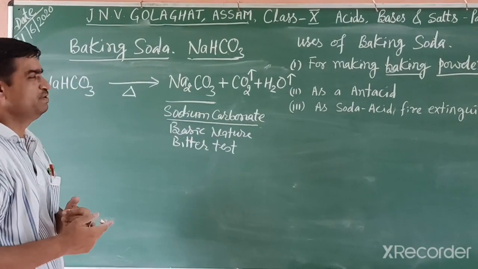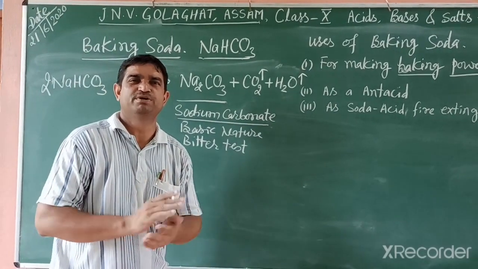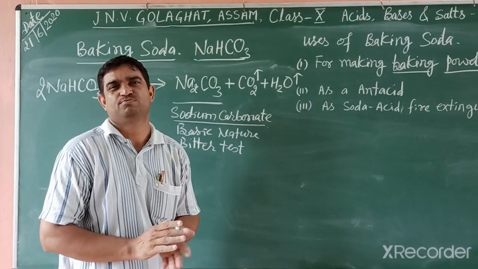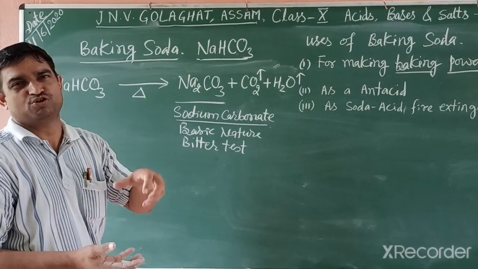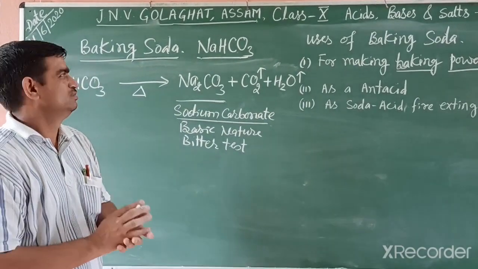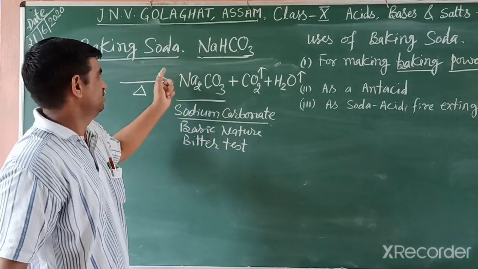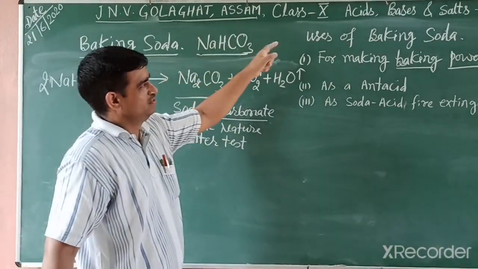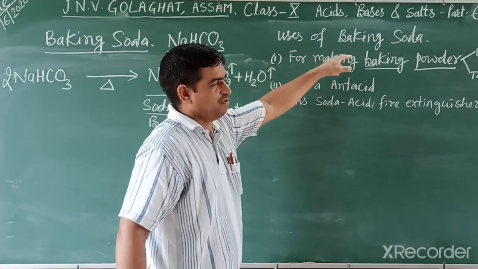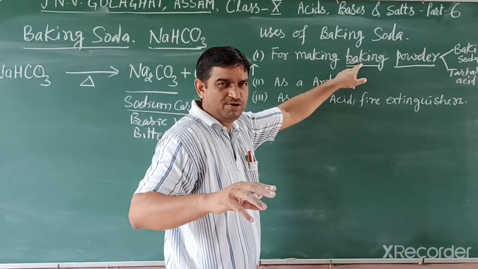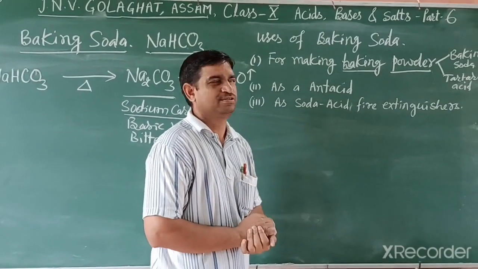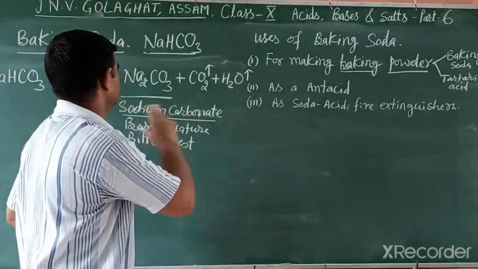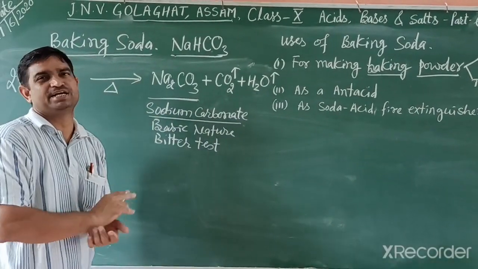So baking soda is used for making bread and cakes soft and spongy. Why are bread and cakes soft and sponge-like? Because baking soda makes baking powder, and with baking powder the bread and cakes are soft and spongy. What happens if we use only baking soda for making bread and cakes?